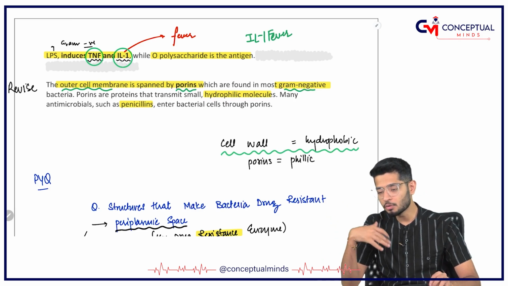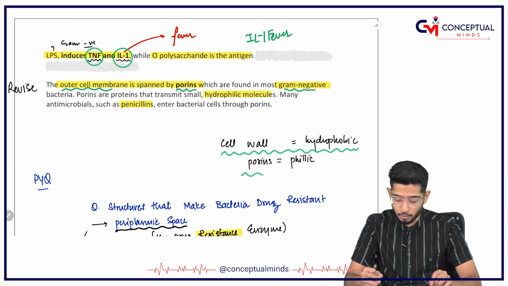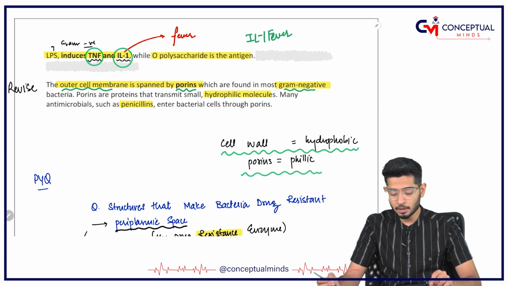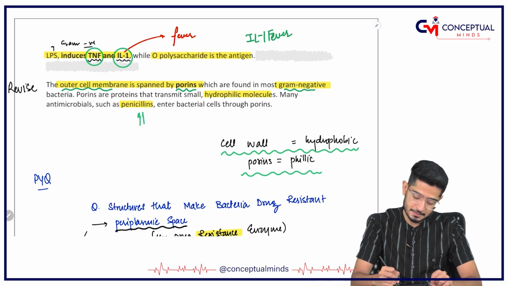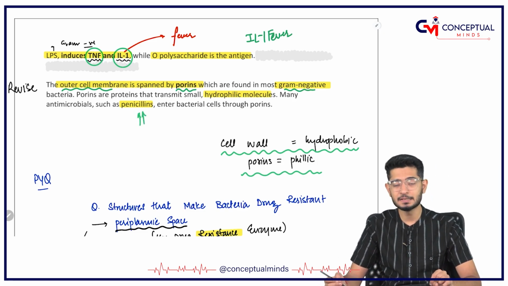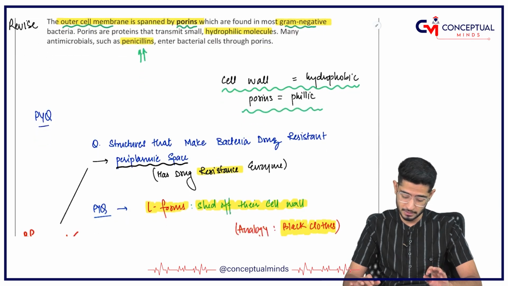So it can allow the incoming of hydrophobic molecules. That's okay. But porins allow the incoming of hydrophilic molecules such as penicillins, which are ultimately going to kill the bacteria. But then penicillins are going to take the entry with the help of porins only.